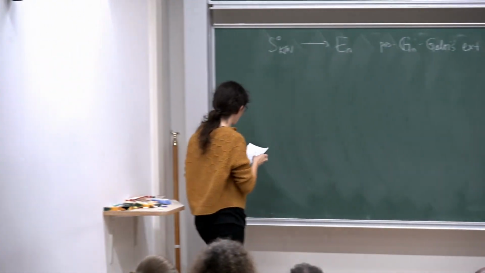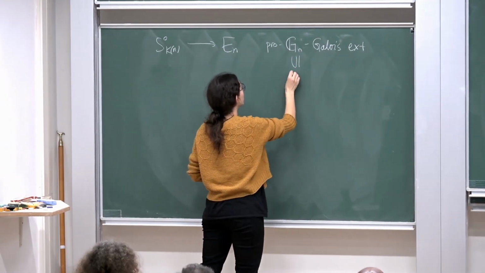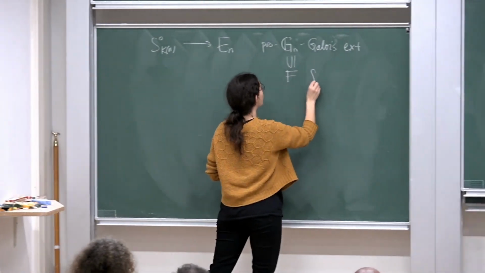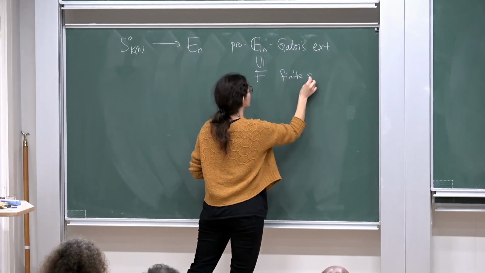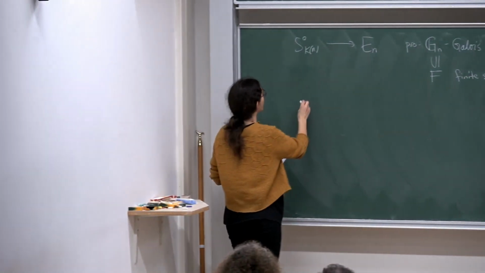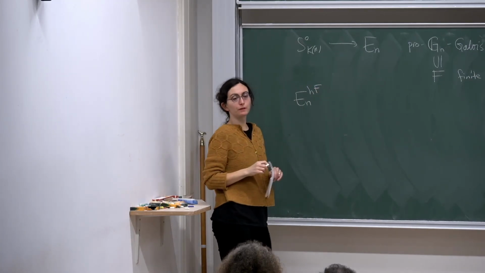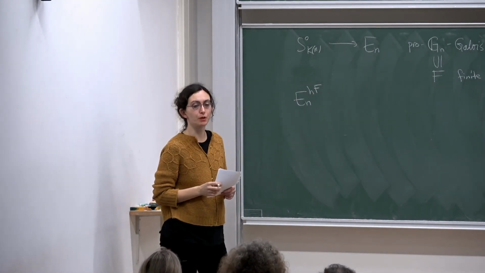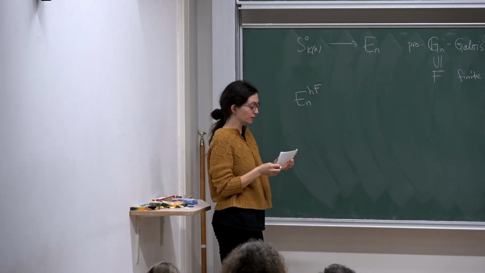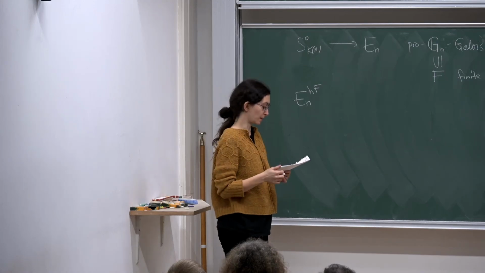And inside of this Galois group, which is pro-finite, there was some limited supply of finite subgroups. And I said that maybe we want to study the homotopy fixed points for these finite subgroups as a sort of step towards understanding the Kn local sphere. Maybe for other reasons as well.